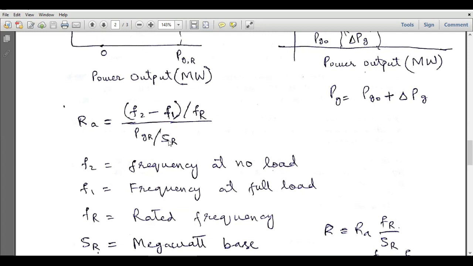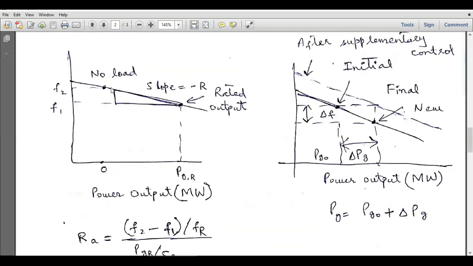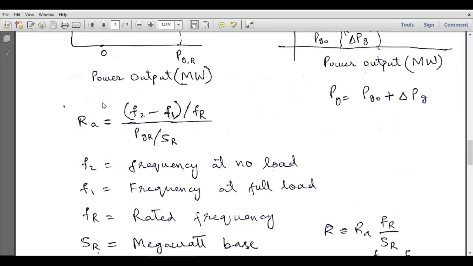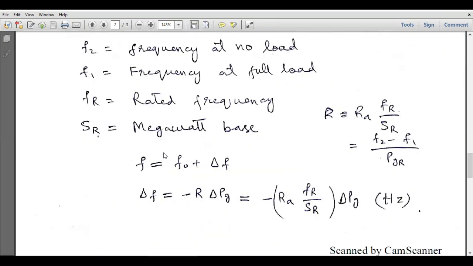So this is the base value, and PGR is the rated value of the generator. F2 is the frequency at no load. Okay, so this is our F2, this is our F1, and F1 is the frequency at full load. FR is the rated frequency, and SR is the megawatt base. So this is our RA, which is the slope of this droop curve.